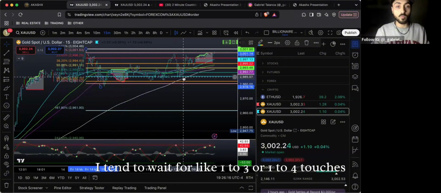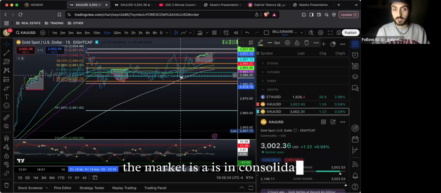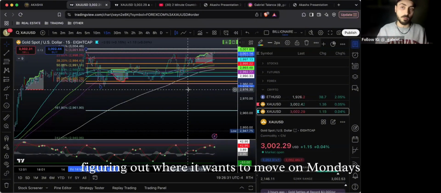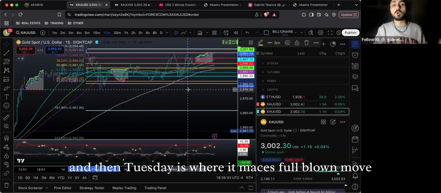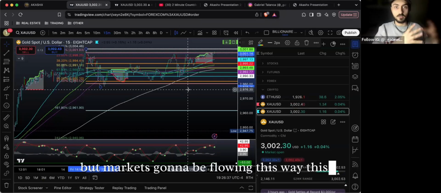I tend to wait for 1 to 3 or 1 to 4 touches, depending on how the market's moving. Because right now, usually on Mondays, the market is in consolidation. It's picking up where it left off, figuring out where it wants to move. And then Tuesday is where it makes its full-blown move. That's where it's telling you the market's going to be flowing this way this week.